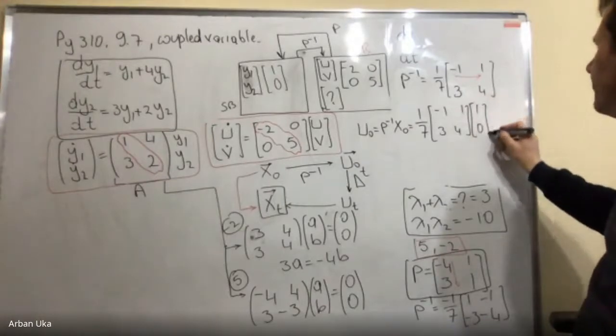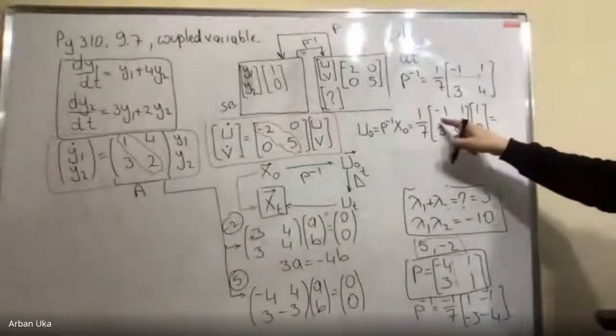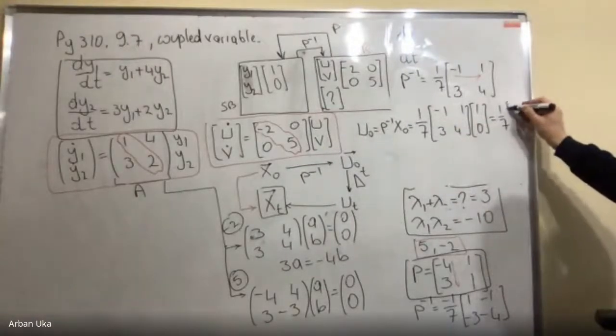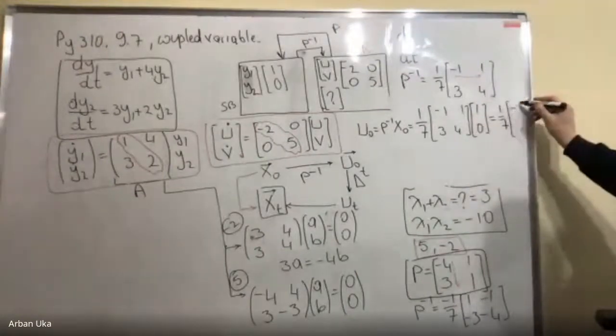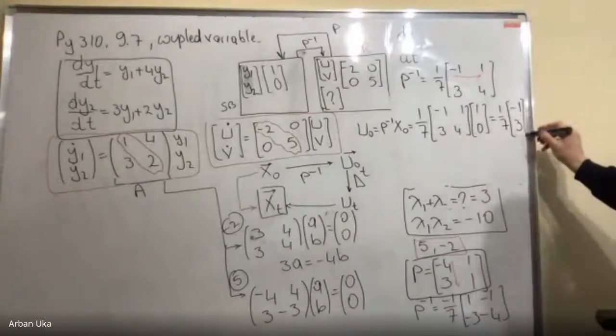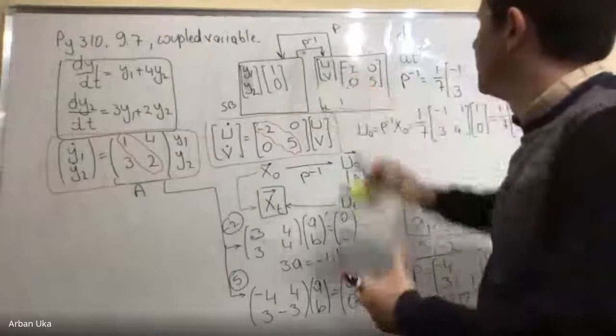The initial condition, we have written it here. So this is 1/7 times -1, and here we have 3. Okay, this is the initial condition. -1, 3 divided by 7. Let's write it here.